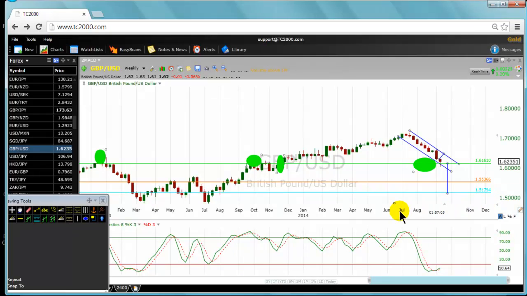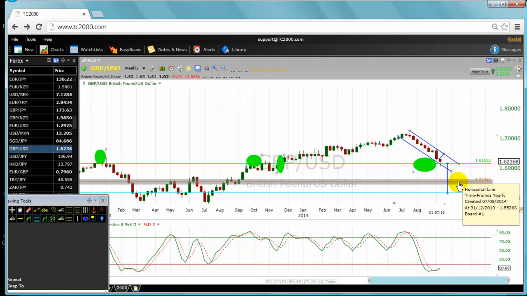That's why I'm saying to you that if Scotland votes yes for independence on the 18th of September 2014, the pound will continue to go down big time. But there is a support here, which is the small median line at 155.36.